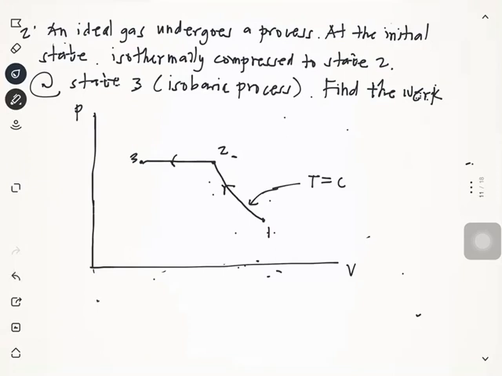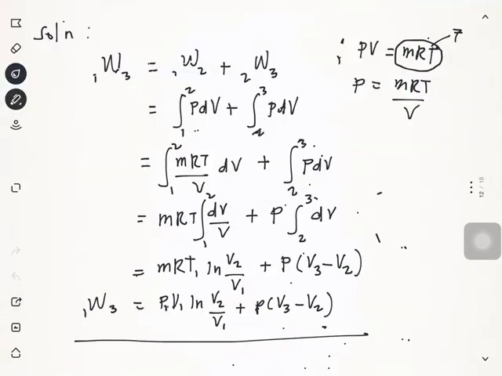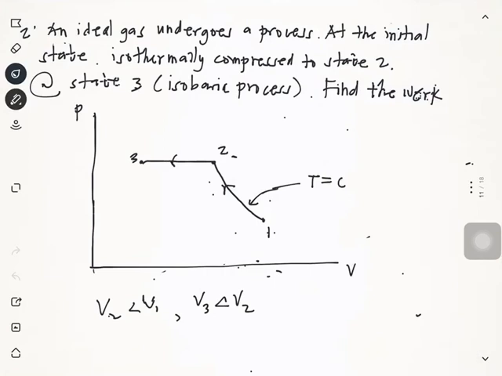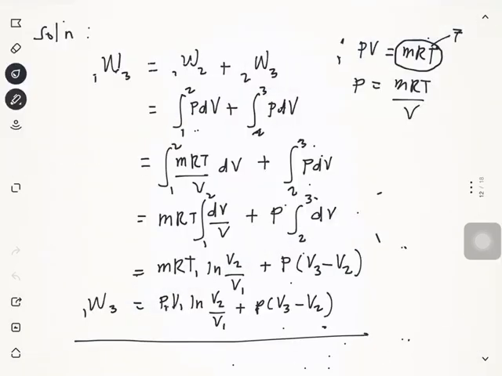You can say that V2 is lesser than V1 and V3 is lesser than V2.